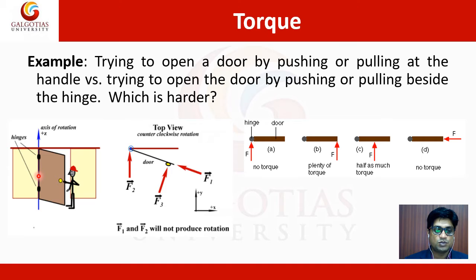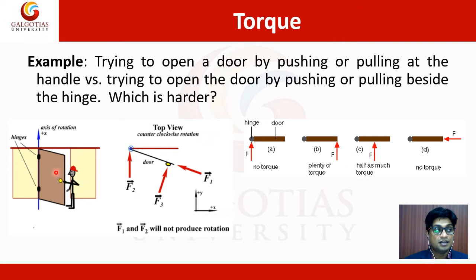If force F2 is applied at this corner, no torque will act, and the door will not open. If we apply the force at the far corner, then there is plenty of torque. If we apply the force at the center, then half as much torque will be applied.